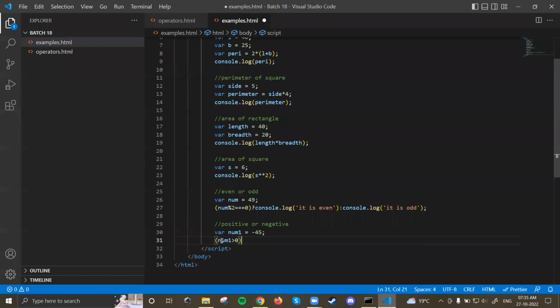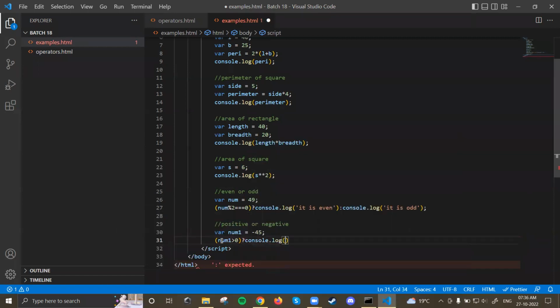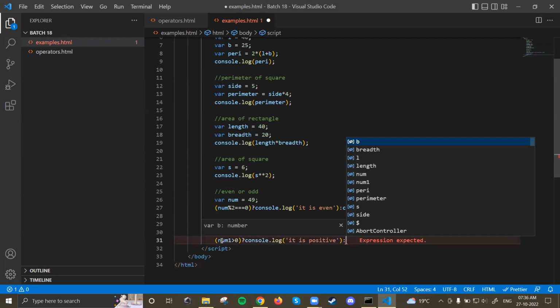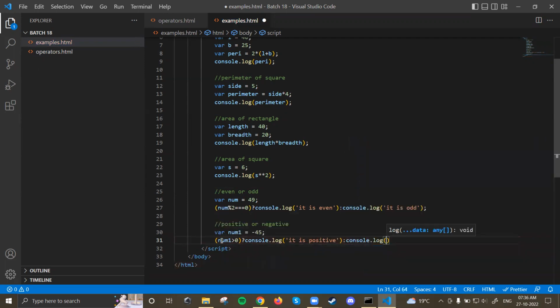If it is true, then console.log of it is positive, and if it is false, then console.log of it is negative.